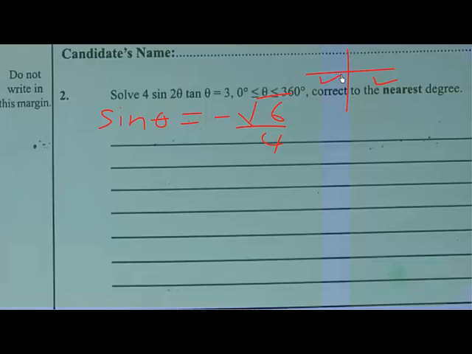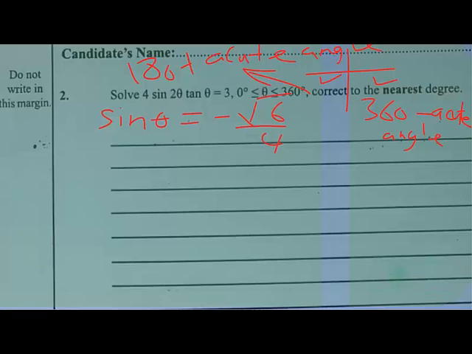In the fourth quadrant, it is 360 minus the acute angle that we found in the first quadrant. In the third quadrant, it is 180 plus the acute angle that we found in the first quadrant.